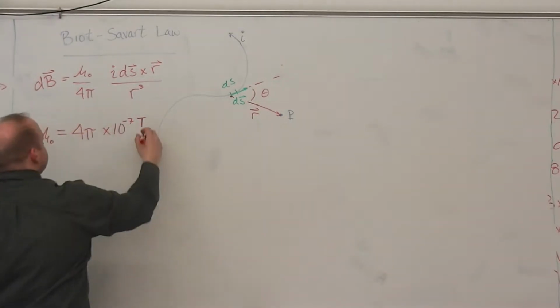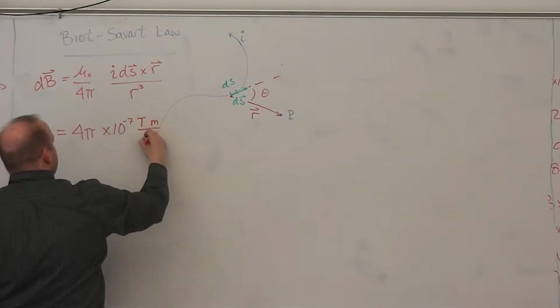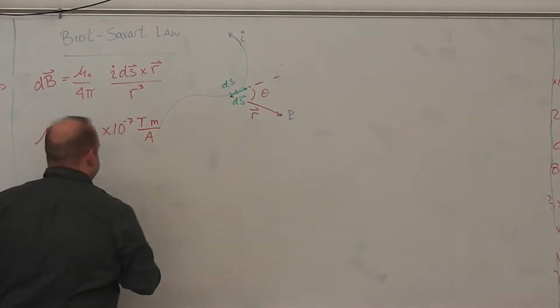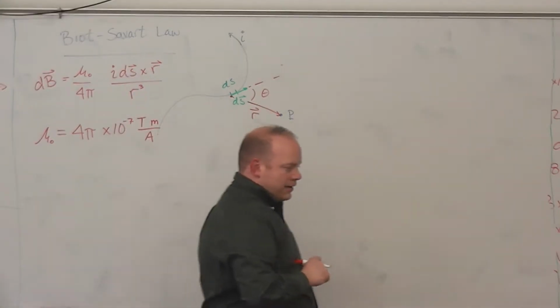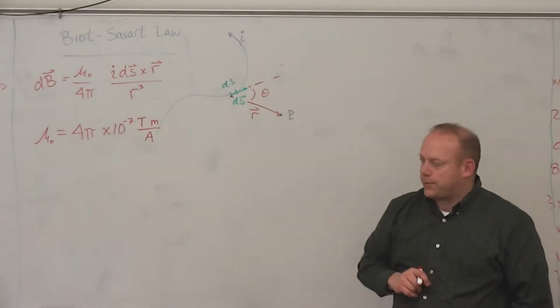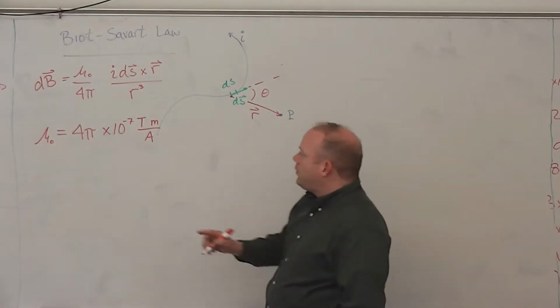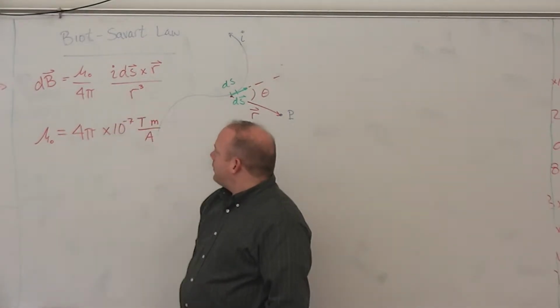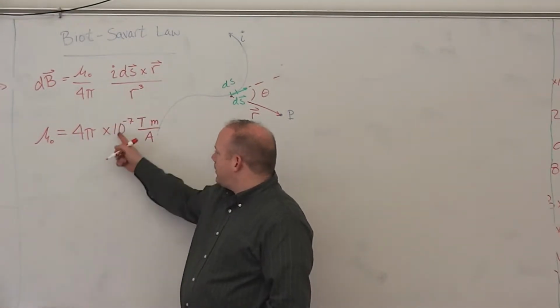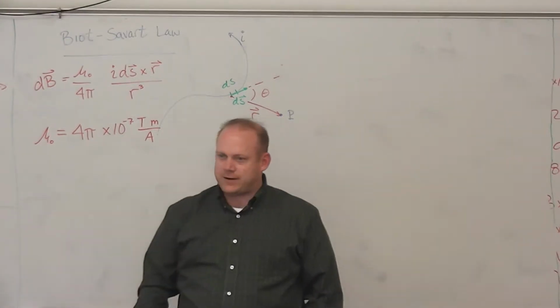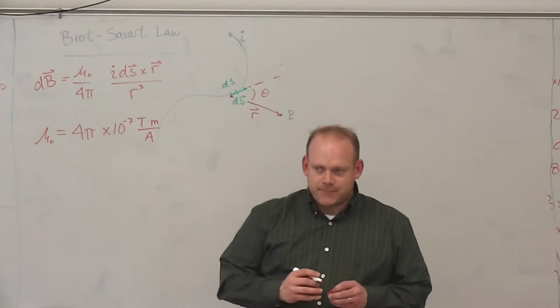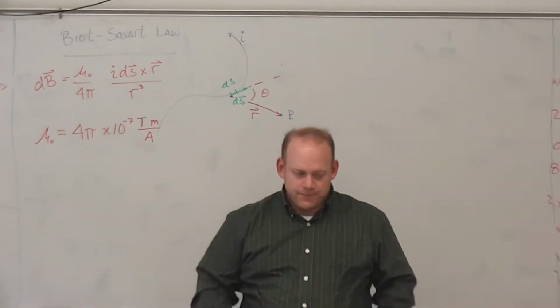Tesla meters per amp. So 4 pi times 10 to the minus 7. I can discuss with you why it equals exactly 4 pi. And if you notice here, these go away. The constants disappear, basically, and we're just left with 10 to the minus 7. It's very interesting that we have something that's exactly 10 to the minus 7.